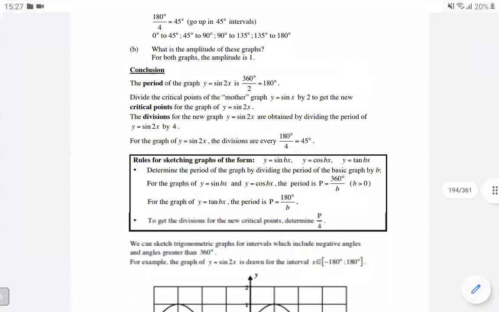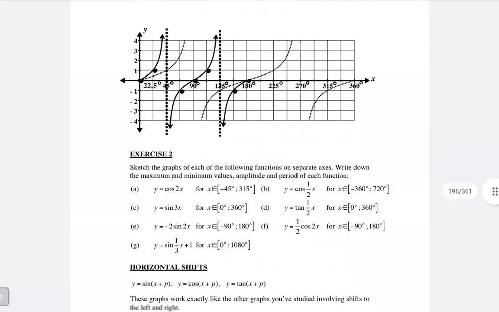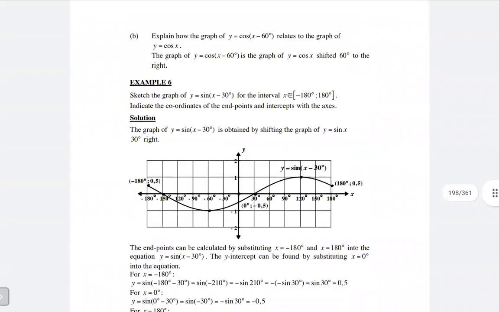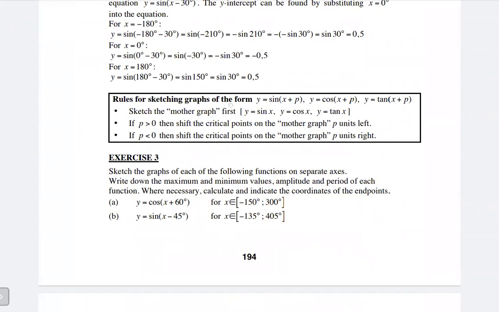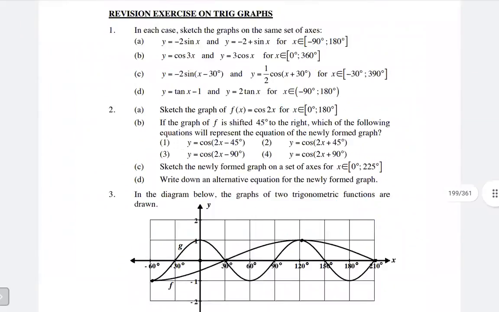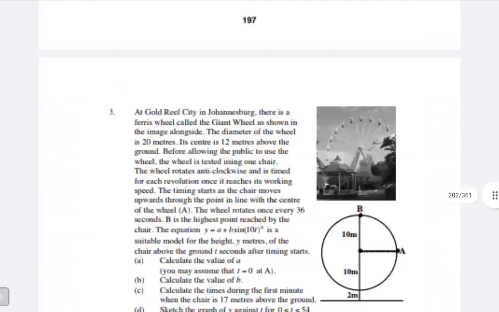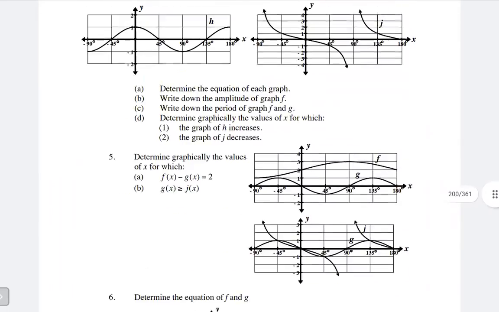And then if we scroll down a bit more here, we have some examples, some more examples. So here it's the rules of sketching a graph in the form. Here they've introduced the p-value, which we're also going to discuss just now. And then if we keep going, the moment we see more challenges, it means that it is done.